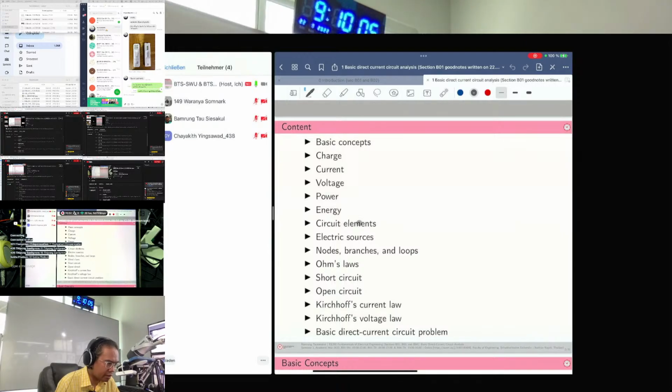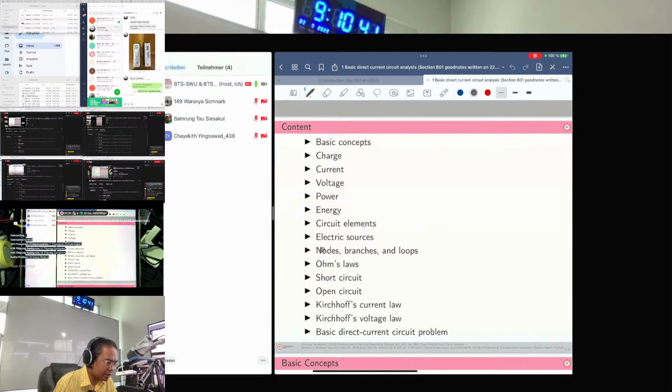Circuit elements can be passive elements like resistor, inductor, capacitor, and active elements like voltage source, current source, and so on. Electric sources will cover both current source and voltage source. They can also be classified into another aspect, like dependent source and independent source. We will talk about that later in this topic.